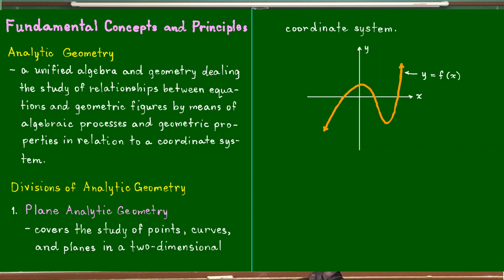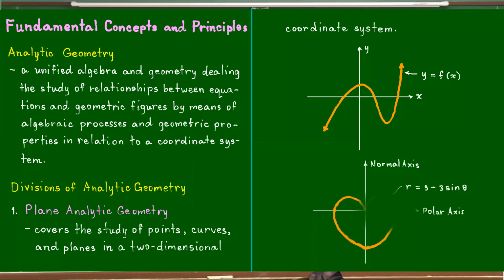You can even draw, let's say, a parabola. You can plot points. You can draw plane figures like a circle, rectangle, polygon. Another one we have is what we call the polar coordinate system.